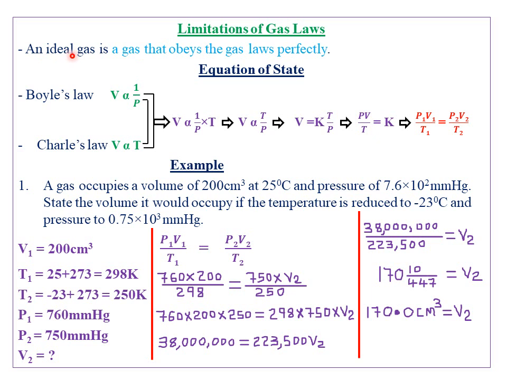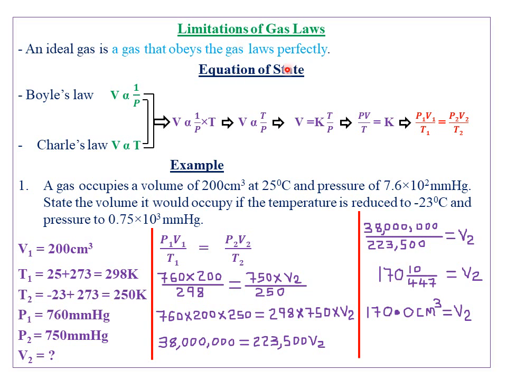Therefore, only ideal gases can perfectly obey the gas laws. An ideal gas is defined as a gas that obeys the gas laws perfectly. Of course, ideal gases do not exist in real life. They are just imaginary gases, because at very low temperatures, even below 0 degrees, most gases will not exist, because they will be liquefied, and some can also solidify.